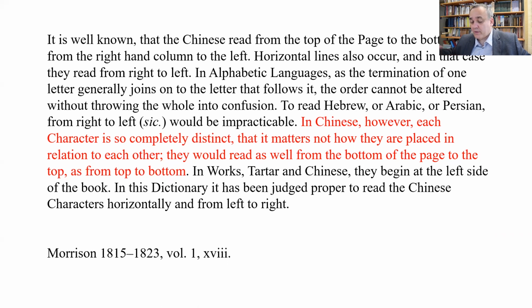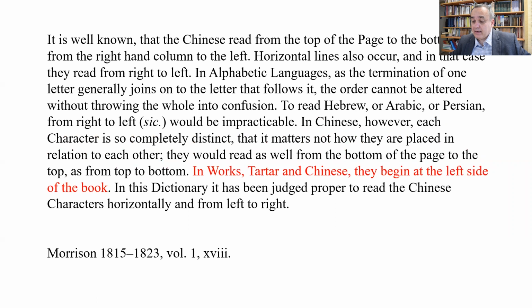You could even read them from the bottom to the top if you chose to do so. This is an idea which is quite common in Chinese, seeing Chinese characters as this 方块字, so square units of characters. Because of that, they're not linked in any way, usually, unless, of course, something is written in a very cursive way, but usually they're not linked to each other, and it's possible to arrange them the way you prefer to arrange them.